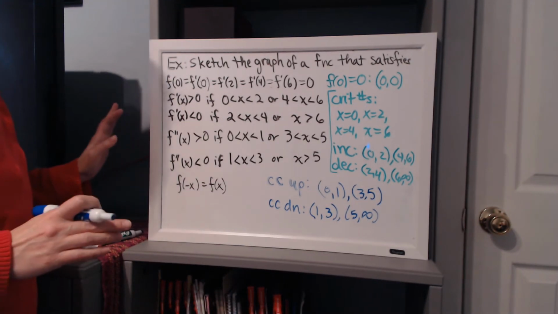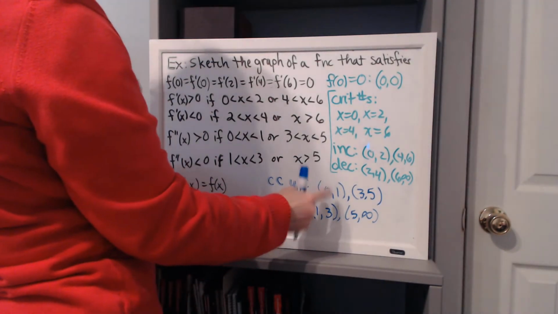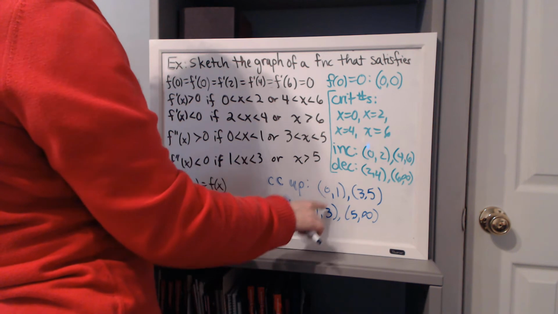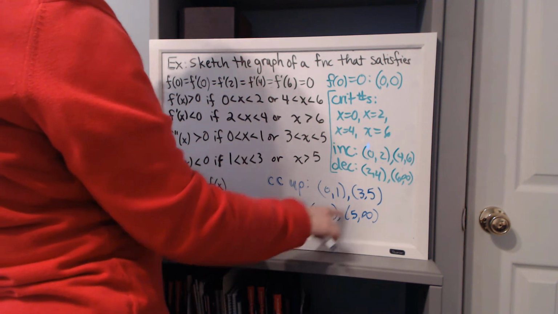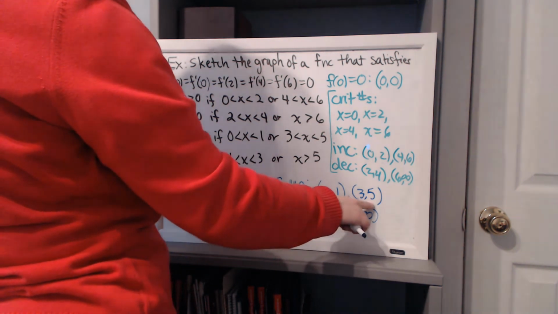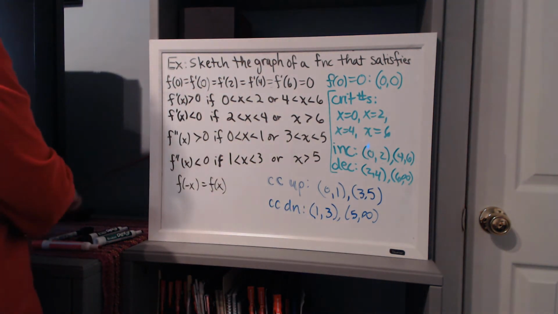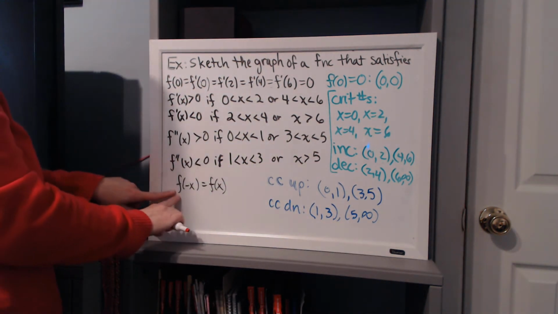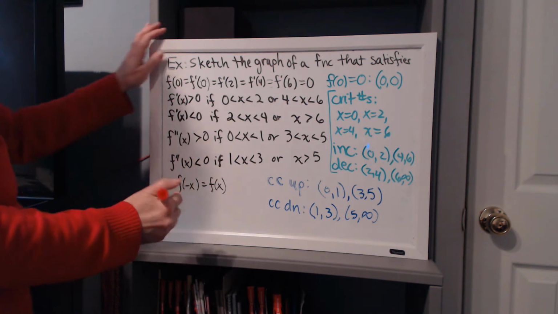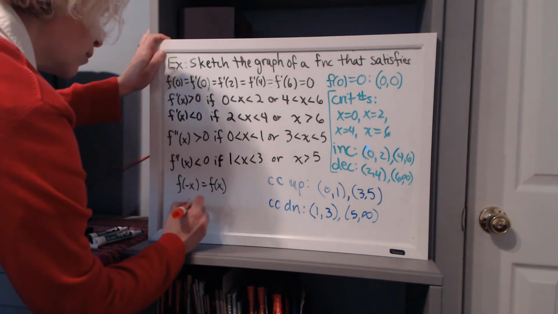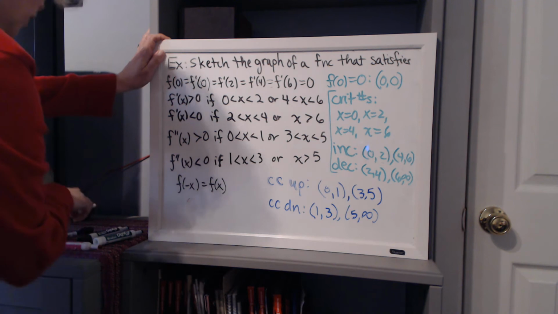So we have some potential inflection points there when we switch from concave up to concave down, and then from concave down back to concave up, and then from concave up back to concave down. And then the last part we have is f of negative x equals f of x. That tells us that we're looking at the graph of an even function.